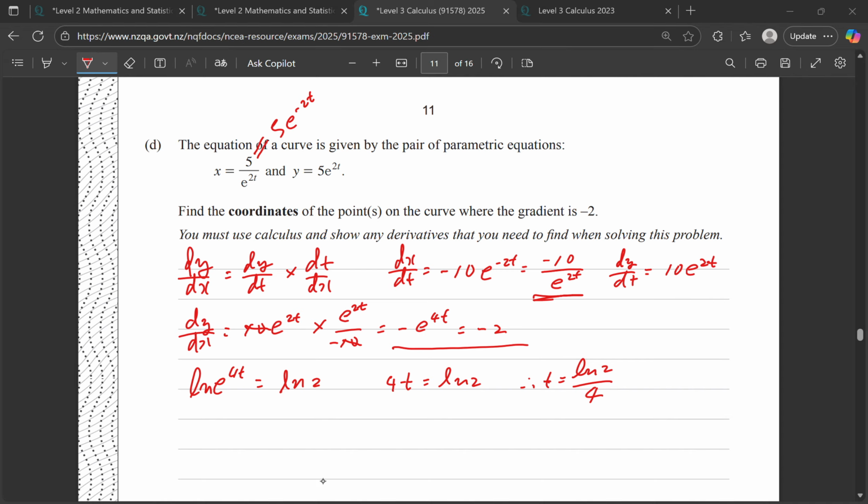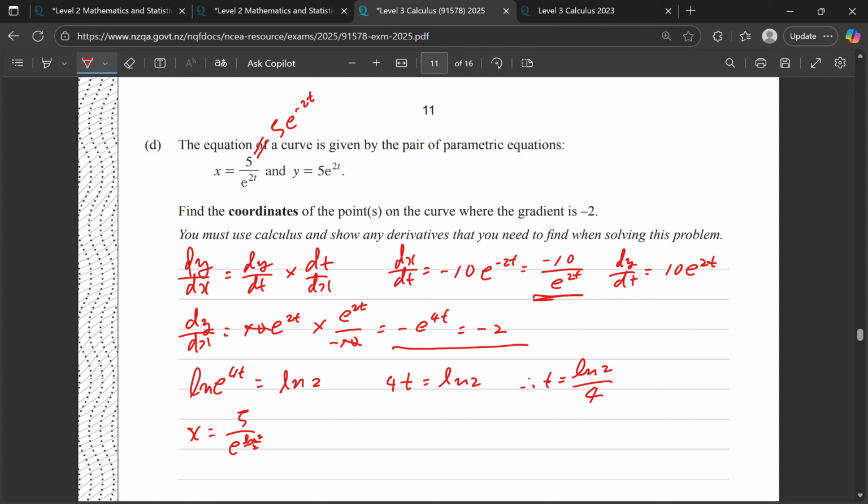So let's find x first. x equals 5 over e to the power of ln 2 over 2, because it's 2t, so 2 times a quarter is a half.